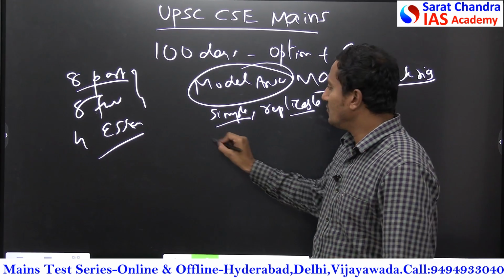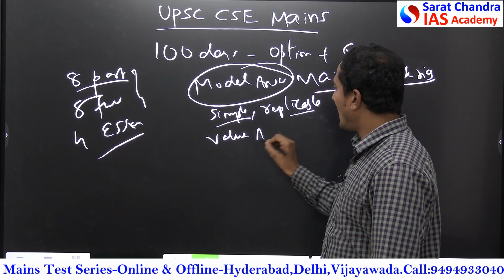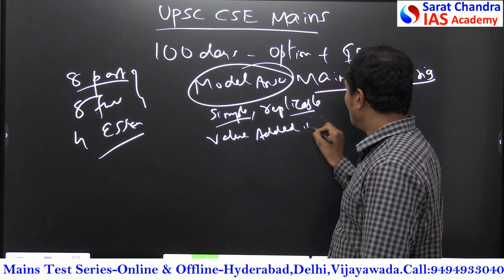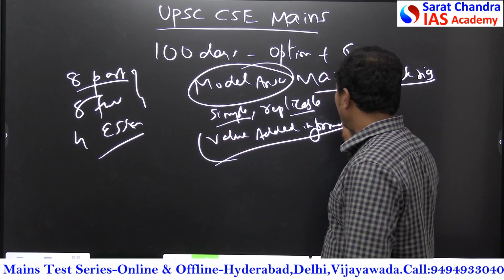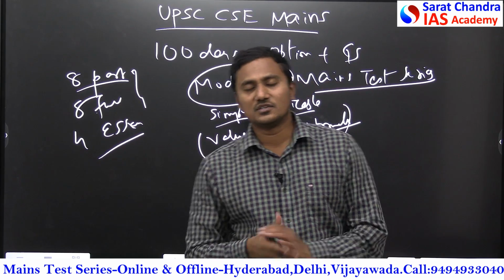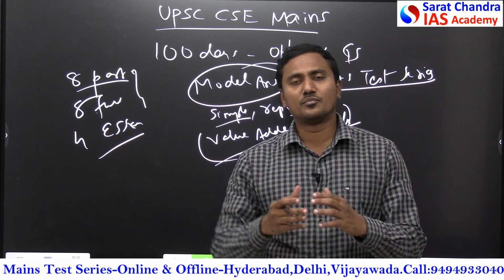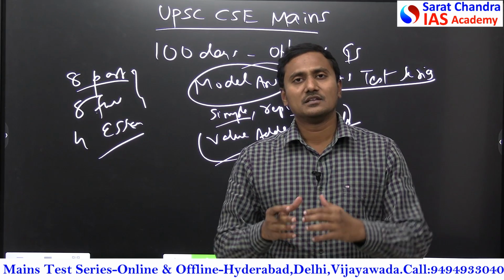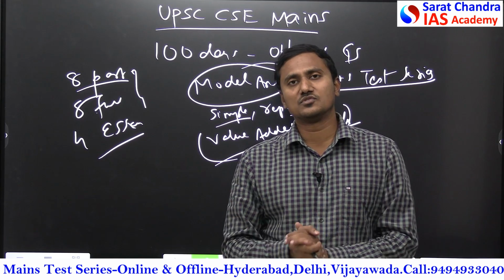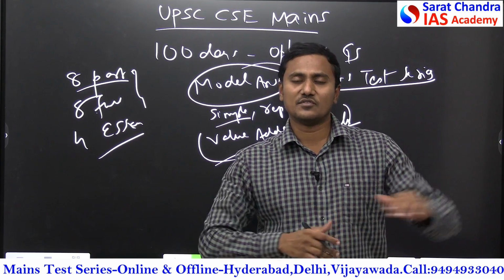Then we will be giving you the value added information on each subject. Actually, value added information is something like important reports, commissions, statistics, numbers. For example, in economy, general commissions or reports that you can use, or Niti Aayog Vision 75.